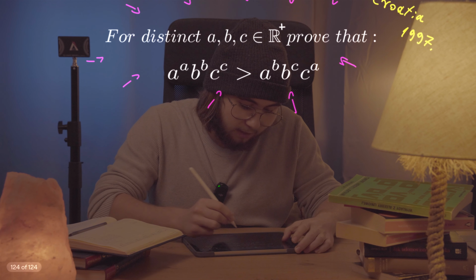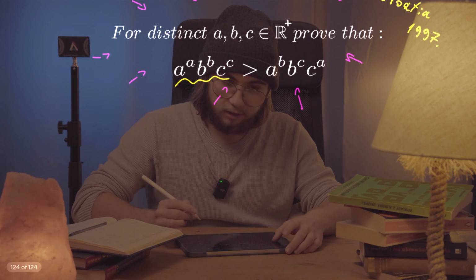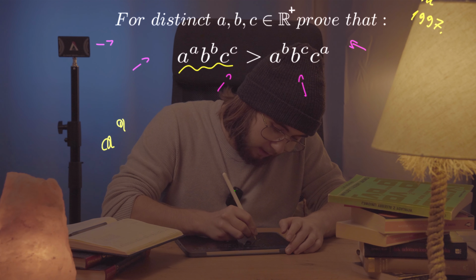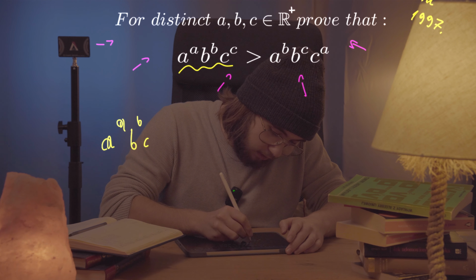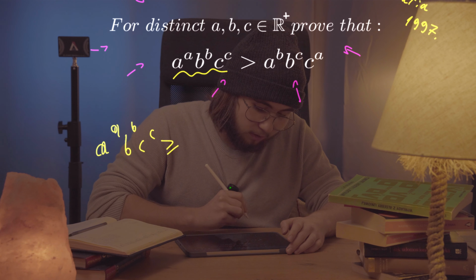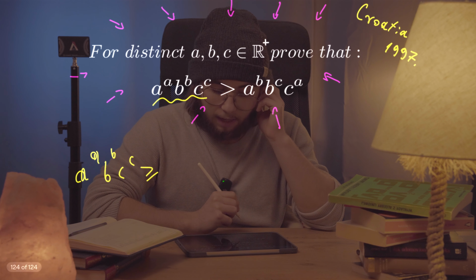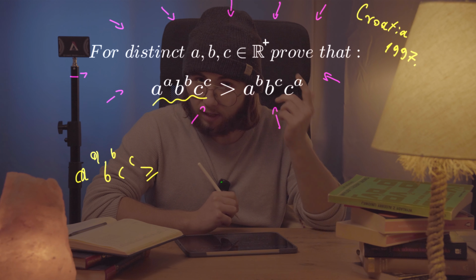First of all, how can we get a lower bound for a to the a, b to the b, c to the c? So let's write a to the a, b to the b, c to the c. If you want something to be less than or equal to that, that would definitely be the weighted harmonic mean.